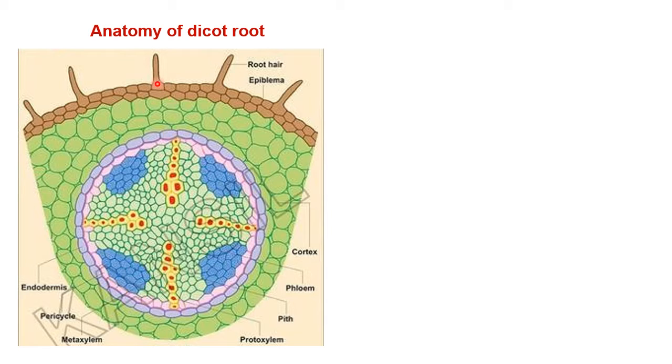Now the outermost layer of the dicot root is the epiblema, or it's also known as epidermis.